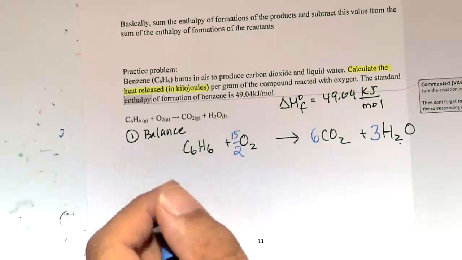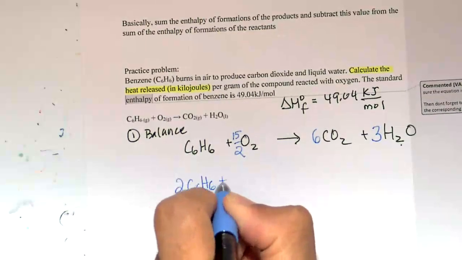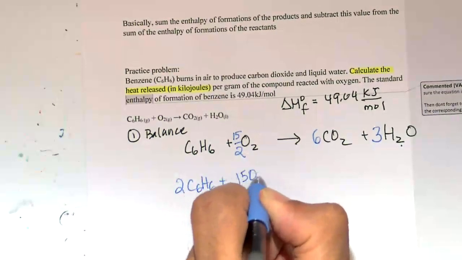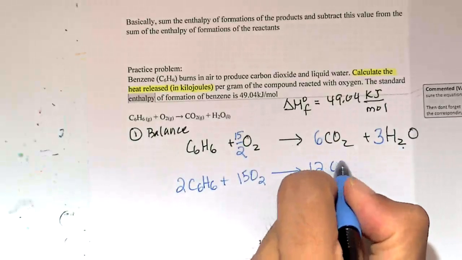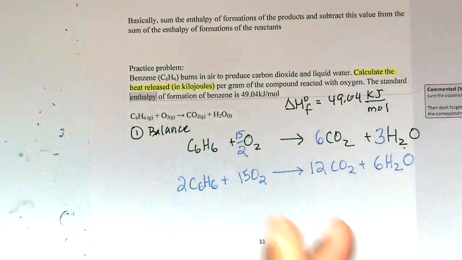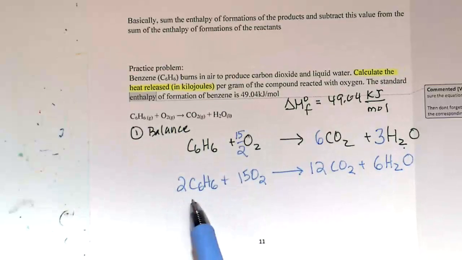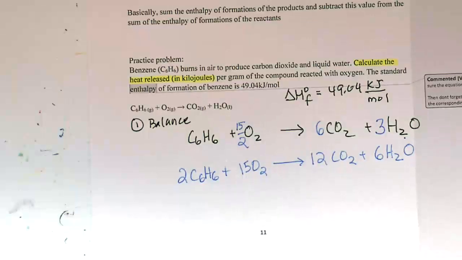I'm going to multiply both sides of this chemical equation by 2. This will give me 2 C6H6 plus 15 O2. So this should be balanced. Yep, balanced, right?